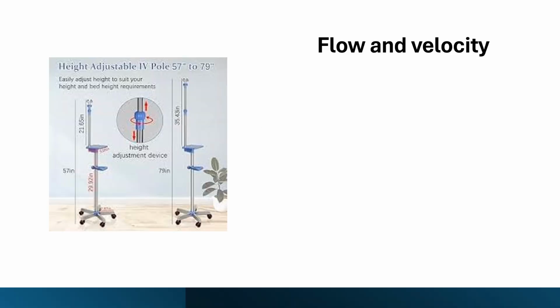So let's talk about flow and velocity. In simple terms, flow can be described as the volume of a certain substance over a certain period of time, whereas velocity is the distance traveled divided by the time. What about this next formula, where Q is the volume flow, equal to the pressure difference, or delta P, at different sides of the tubing, which is relevant to our practice, divided by the resistance to flow.